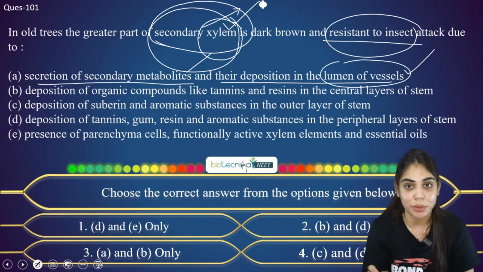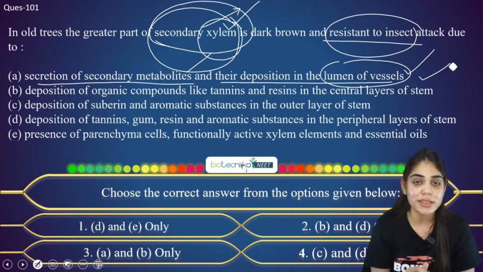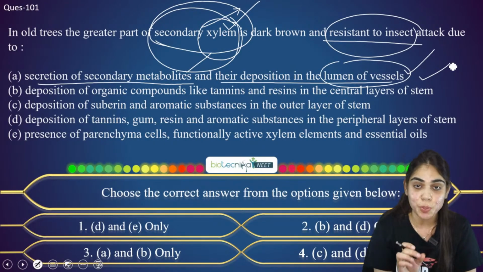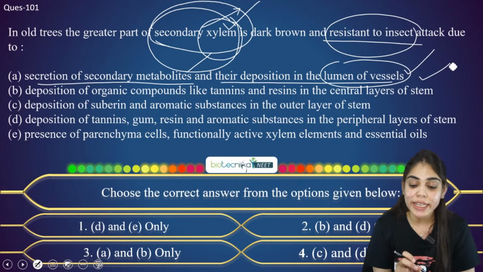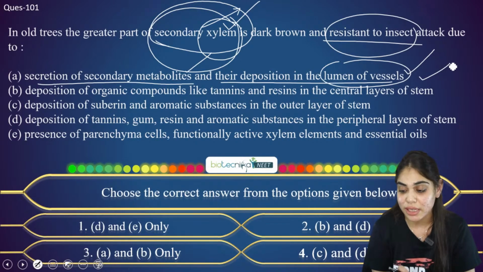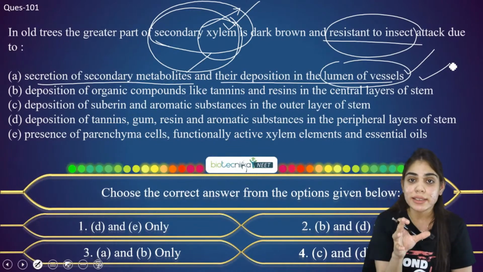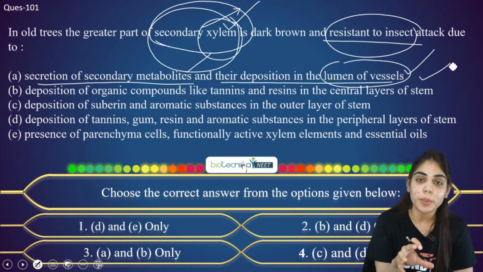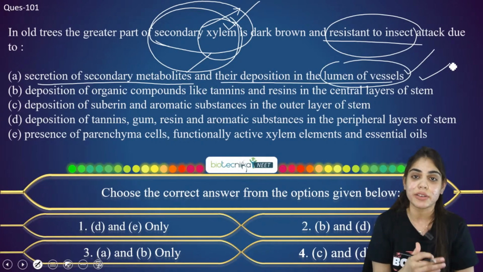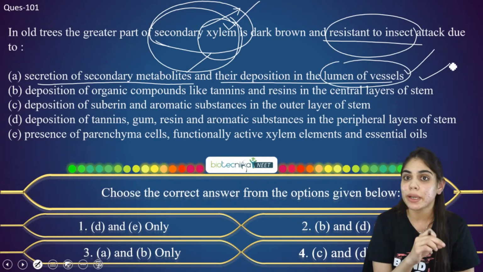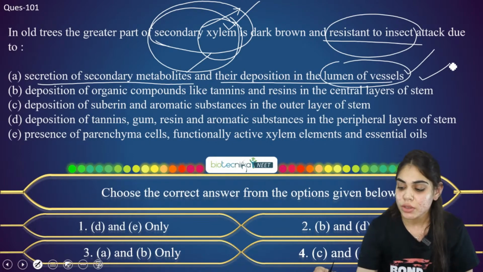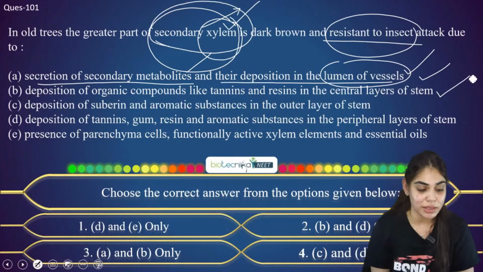Vessels are a subpart of xylem, so this statement is right. Now let's read the next statement, B: deposition of organic compounds like tannins and resins in the central layers of the stem. Yes, I've already mentioned that these organic compounds get accumulated either in the central layer or the innermost part, but not in the peripheral layers. So again, this is the right statement.